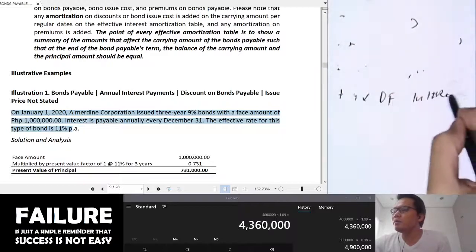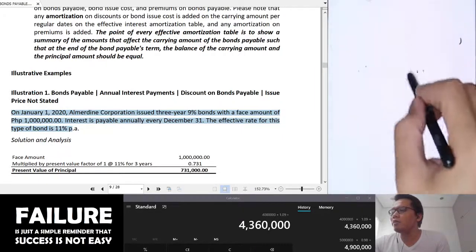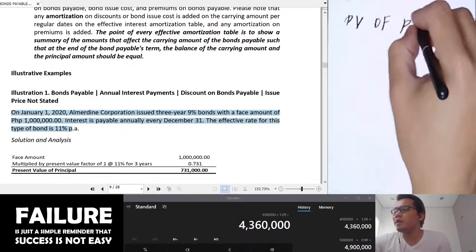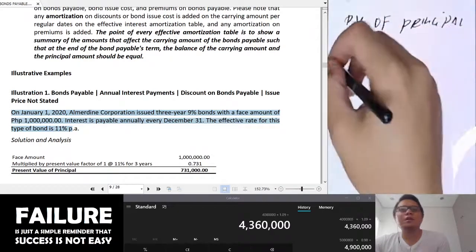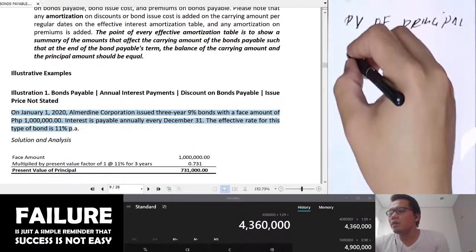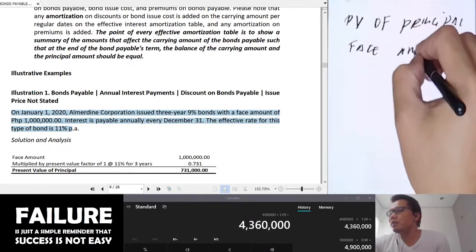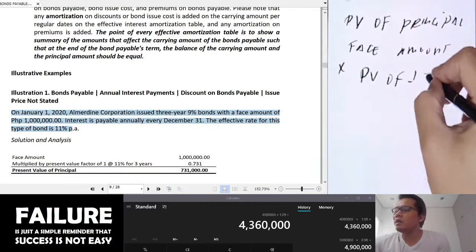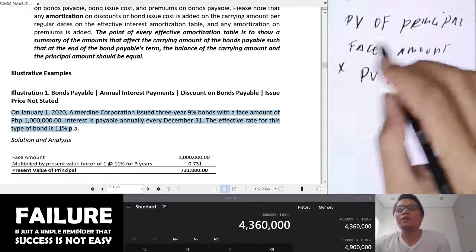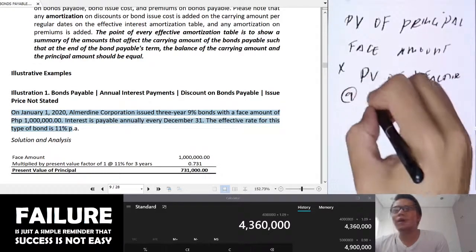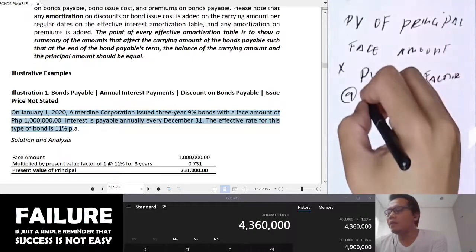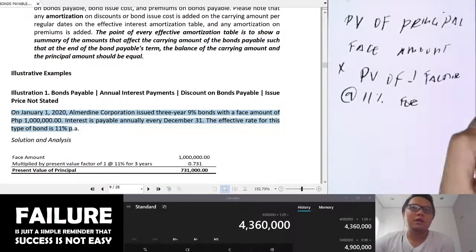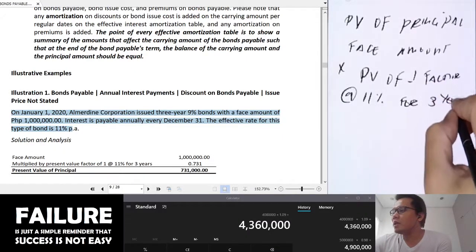If we are to compute for the present value of principal, that is the face amount multiplied by the present value of one factor, which in this case is at an effective rate of 11% for 3 years.